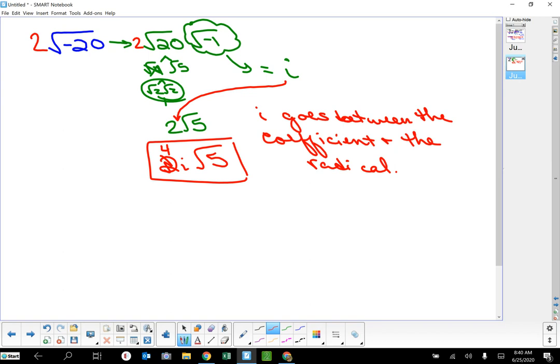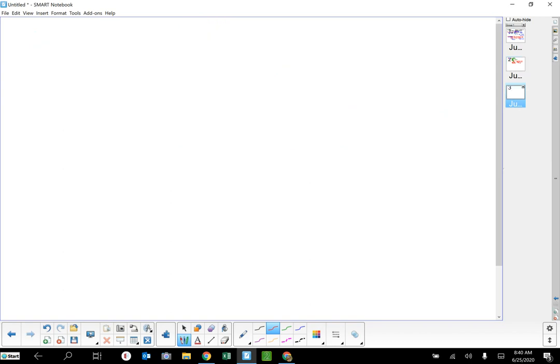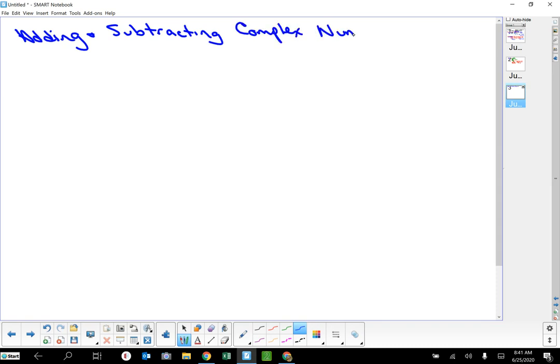All right, so now we need to talk about adding and subtracting imaginary numbers, multiplying them, and dividing them. So if we are adding and subtracting, and let's use complex numbers because often these are the combination of the two.